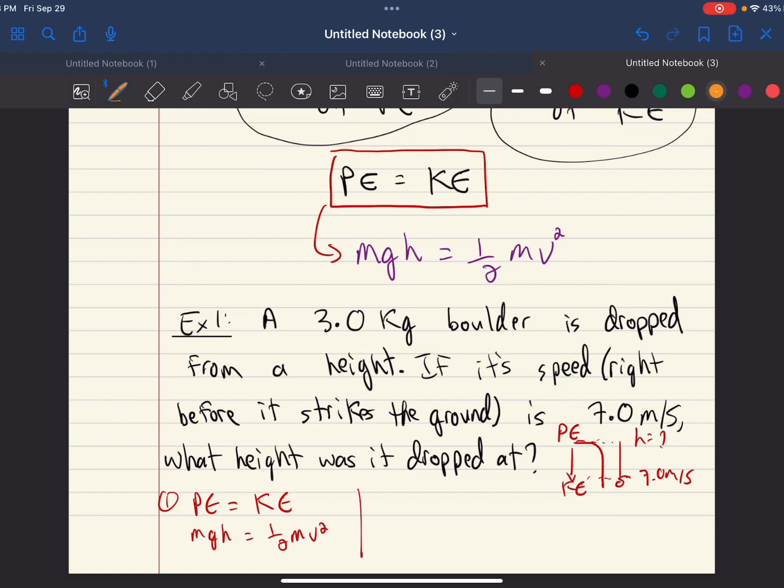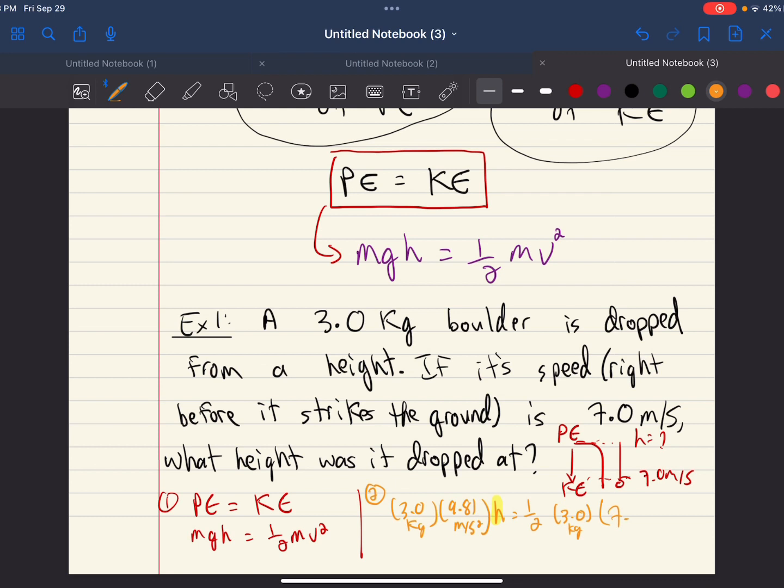So in a different color here, in orange, I'm going to write the mass, 3.0 kilograms, multiplied by 9.81 meters per second squared, multiplied by the height, which is what's unknown, so I'm going to highlight that, is equal to half multiplied by 3.0 kilograms for the mass, multiplied by 7.0 meters per second, squared.